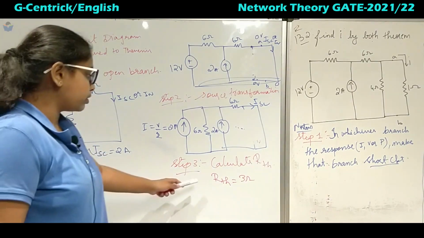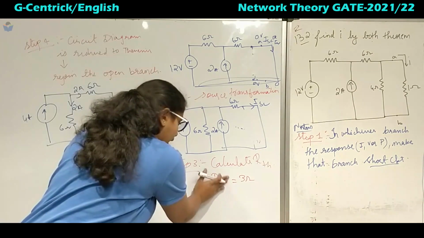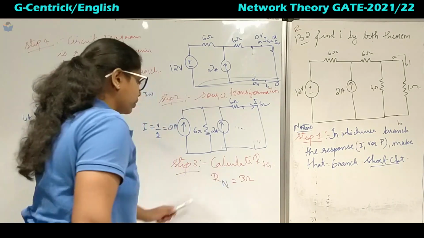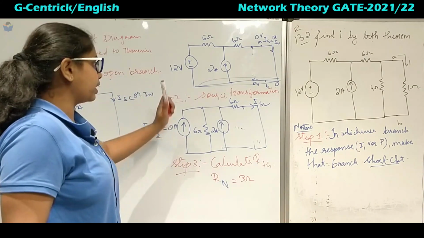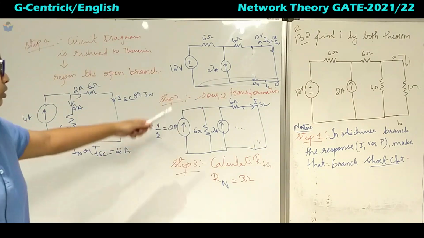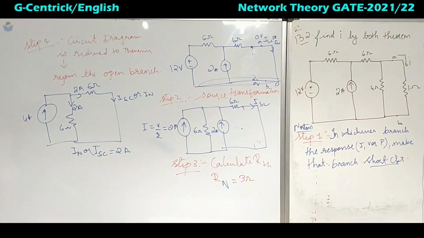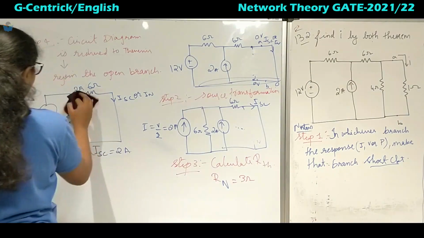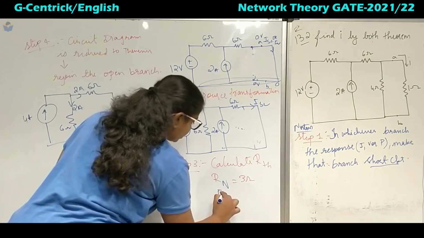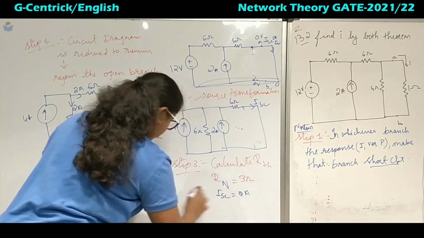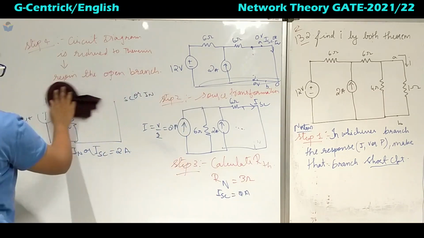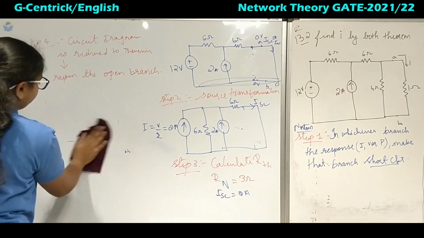Now for step 3, for calculating RN, it will be the same procedure. You have to deactivate both the sources: short circuit the voltage source and open circuit the current source. Now step 4, we have got ISC here as 2 amperes. In step 4, we have to rejoin the branch.